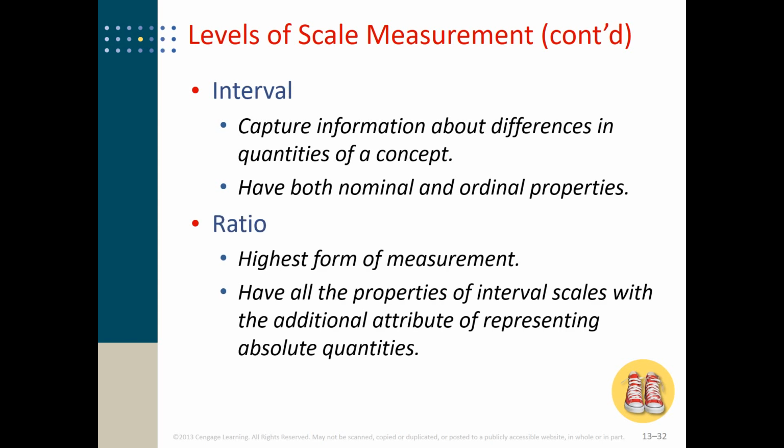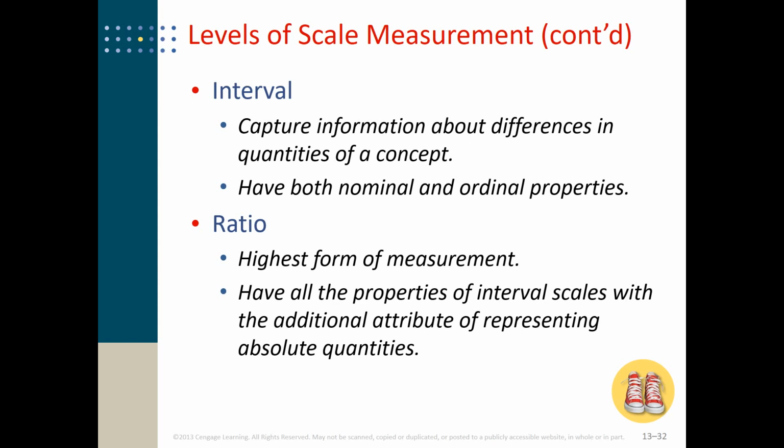The third one is interval. Interval has the characteristics of ordinal. That means numeric numbers, identification, ranking, but at the same time, it captures differences. For example, a student's grade point average is 2.5, 3, 3.5.